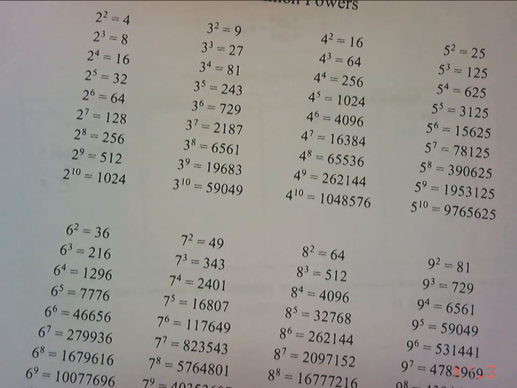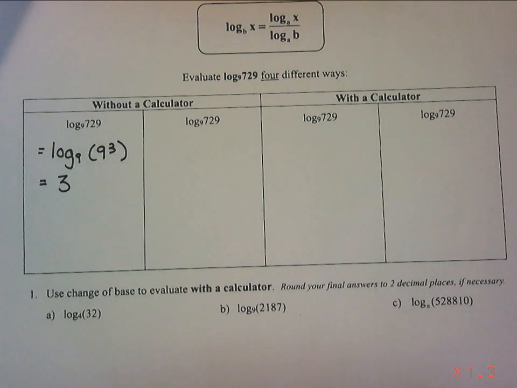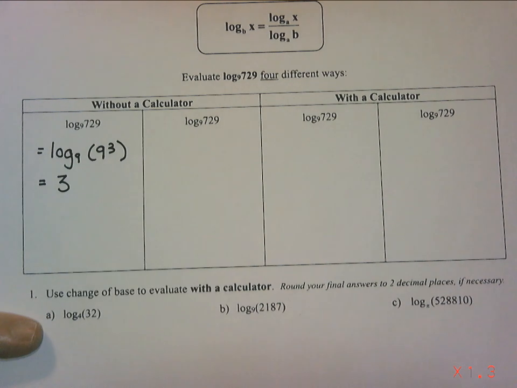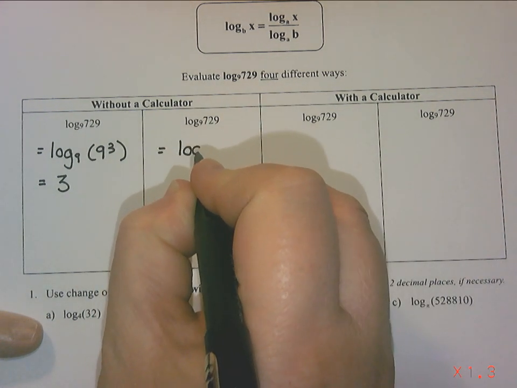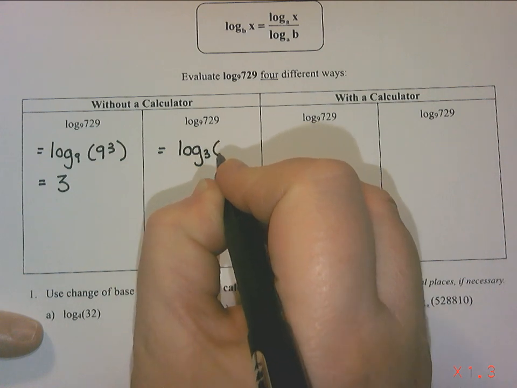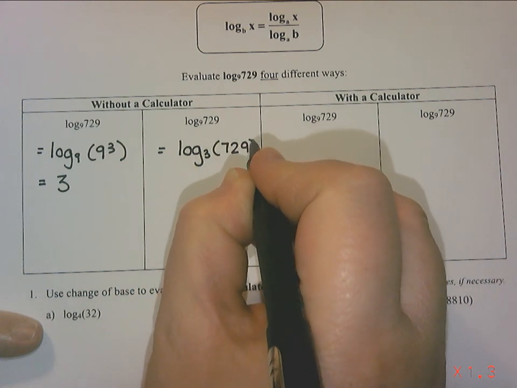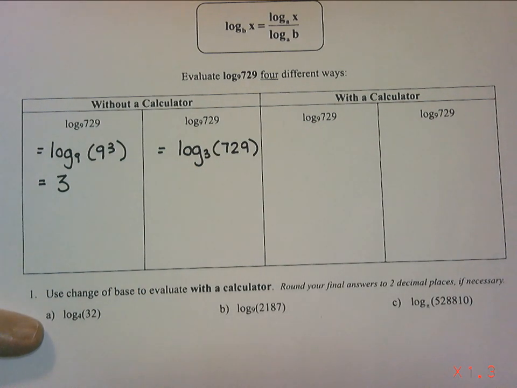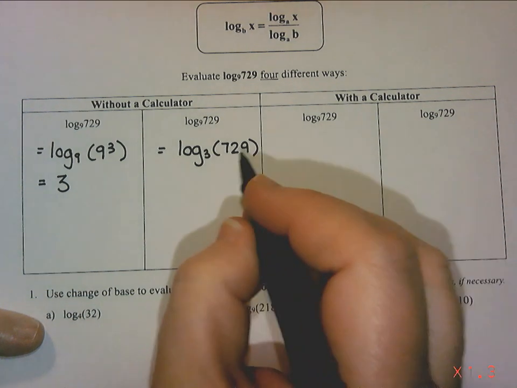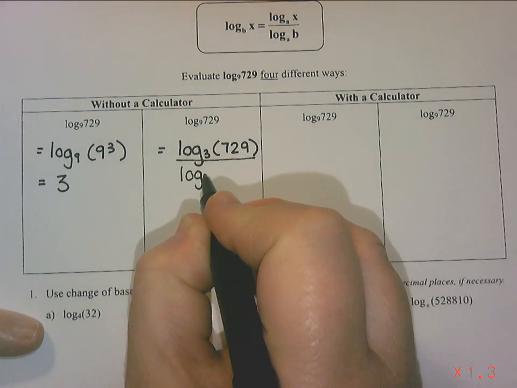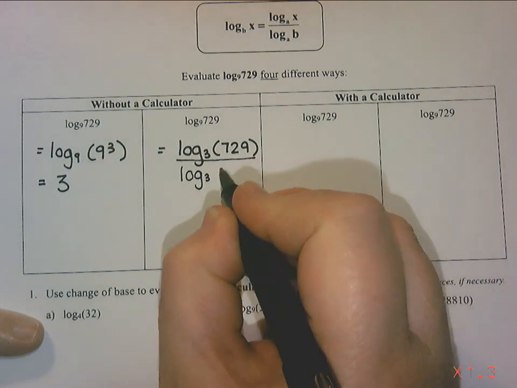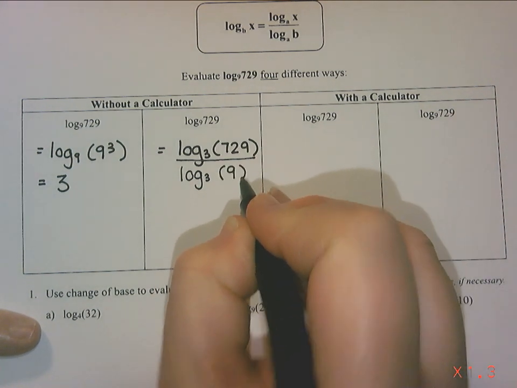So if I wanted to change my base from 9 to 3, first I do that. So I'm going to say this is log base 3 of 729. But I can't just ignore that the base used to be a 9, so we divide by log base 3, the new base that we're trying to use, of our old base, which was 9.